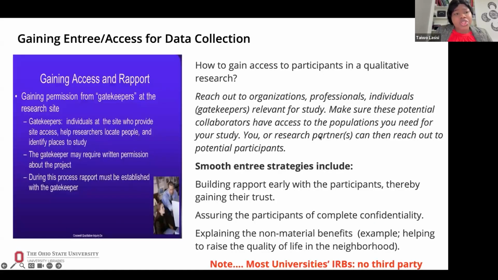So gaining entry and access for data collection is super important because this is where most universities come in.